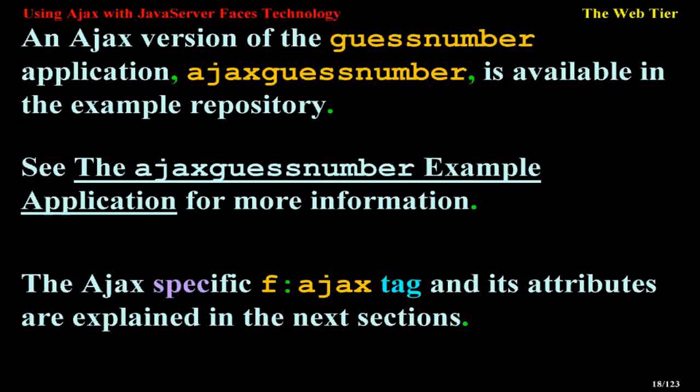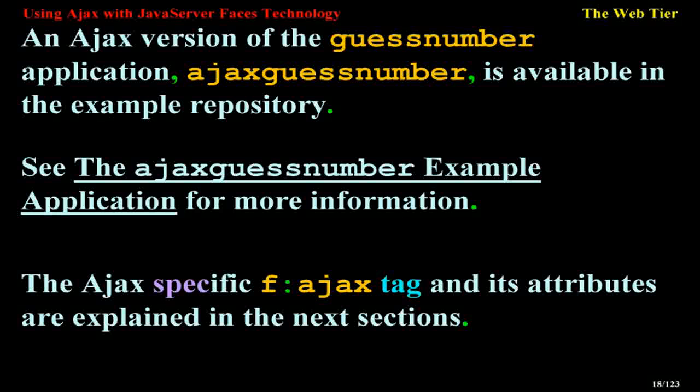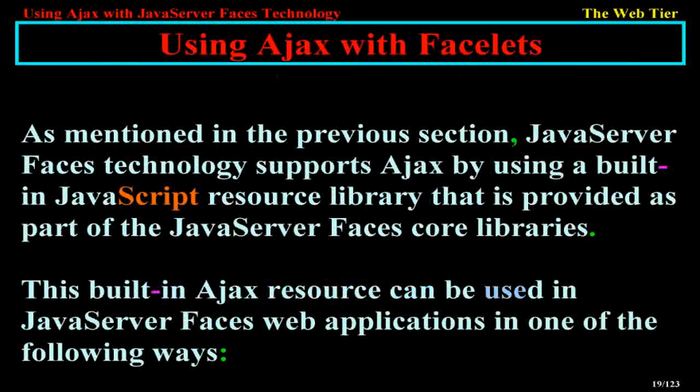The Ajax tag and its attributes are explained in the next sections, using Ajax with facelets. As mentioned in the previous section, JavaServer Faces technology supports Ajax by using a built-in JavaScript resource library that is provided as part of the JavaServer Faces core libraries. This built-in Ajax resource can be used in JavaServer Faces web applications in one of the following ways.